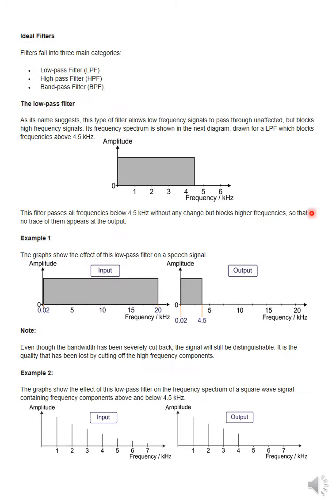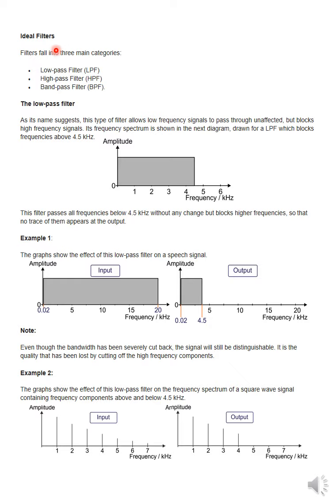Now, ideal filters. When we say ideal, it means that in ideal conditions there should not be any losses or any variation due to interference, noise, or anything else. So if I'm using a filter in a lab environment, in that environment the filter is going to behave as ideal, mathematically how we think it should behave.